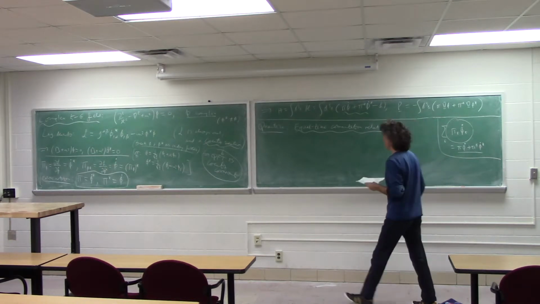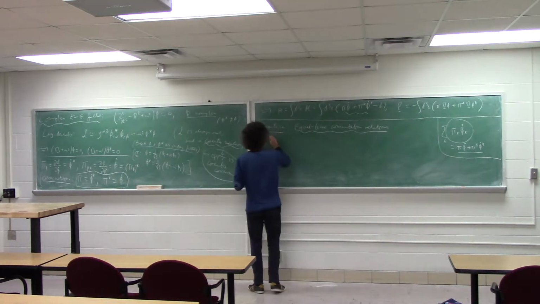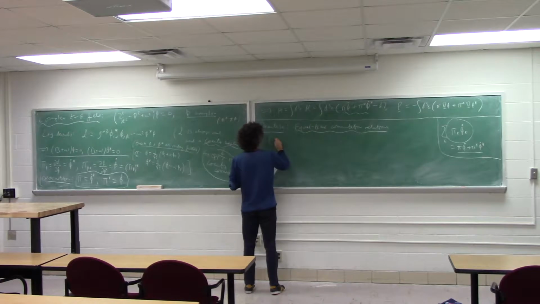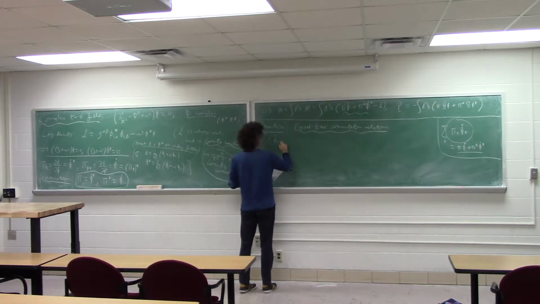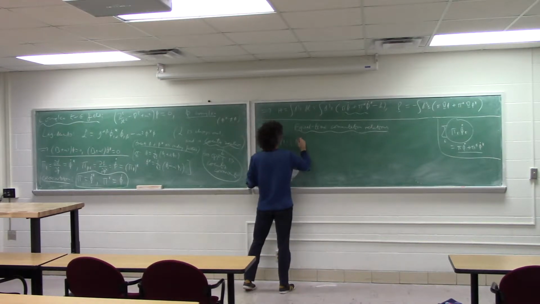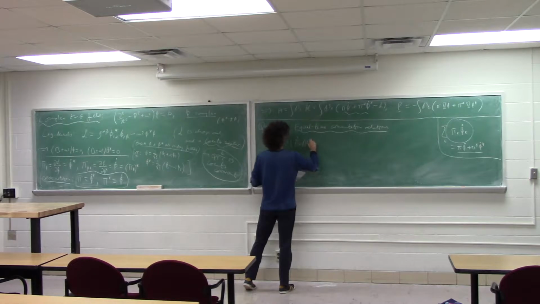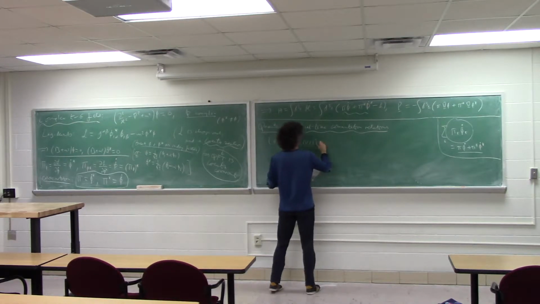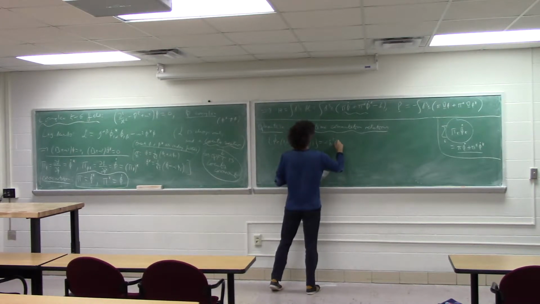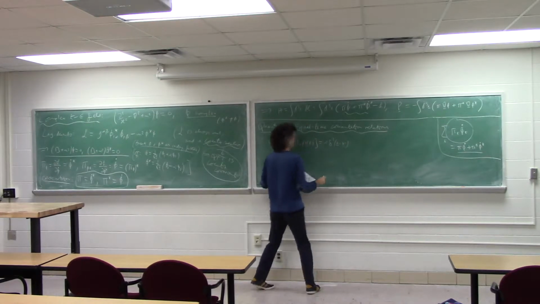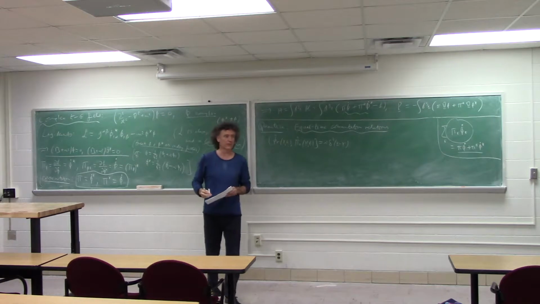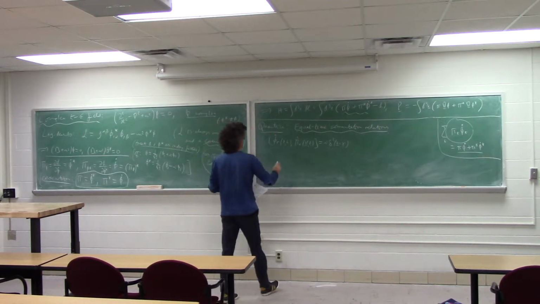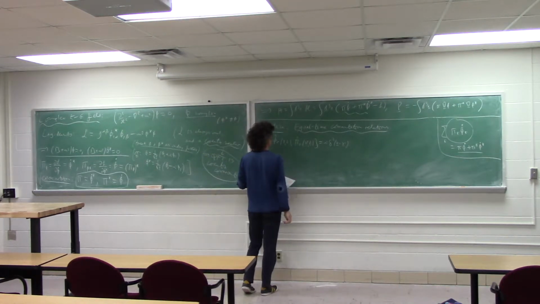So remember what they are. They are written in terms of, imagine I have just a general set of fields, phi R, with the label R, and their conjugate momentum densities.